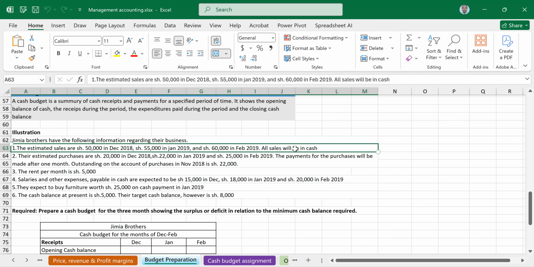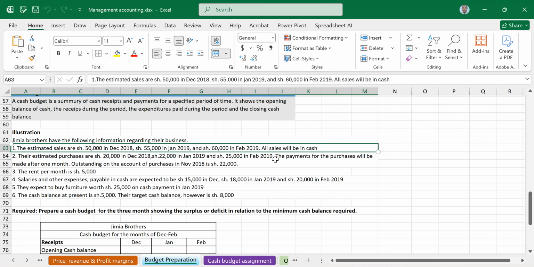Now all sales were made in cash. Their estimated purchases are 20,000 in December 2018, 22,000 in January 2019, and 25,000 in February 2019. The payment for the purchases will be made after 1 month. So if the purchase was in December 2018, the actual payment will occur in January 2019.